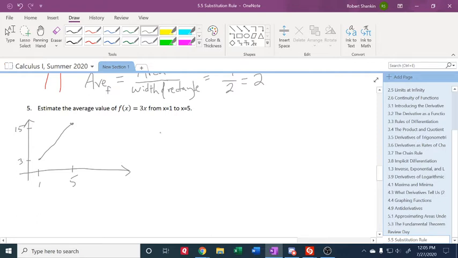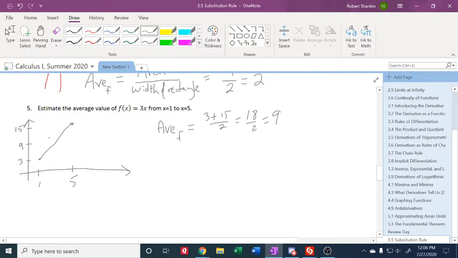So the average value of f is 3 plus 15 divided by 2, 18 over 2, which is 9. Halfway in between is 9. That's the average value.